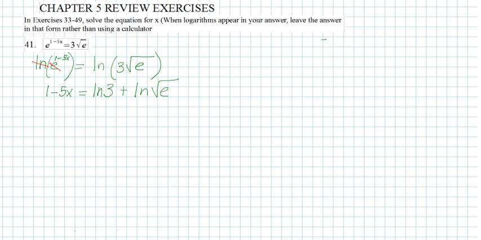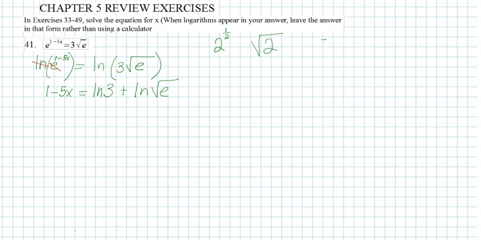Okay, now I want to simplify the square root of e. I don't like square roots. So I know that, for example, if I grab my calculator and do square root 2, raised to the half power, then I'll get the same result as if I do square root 2.